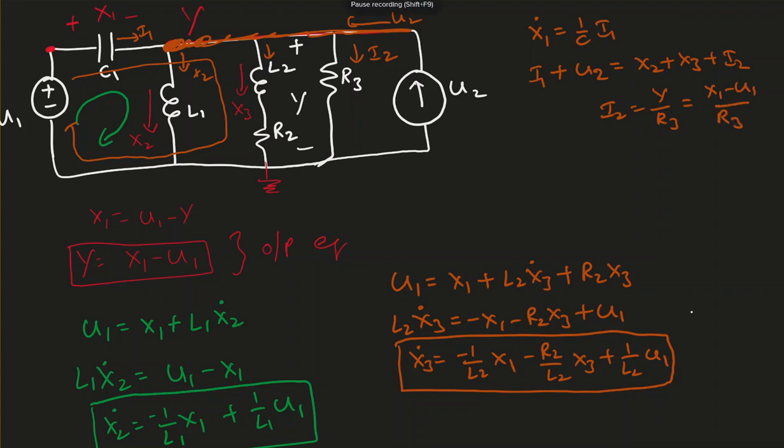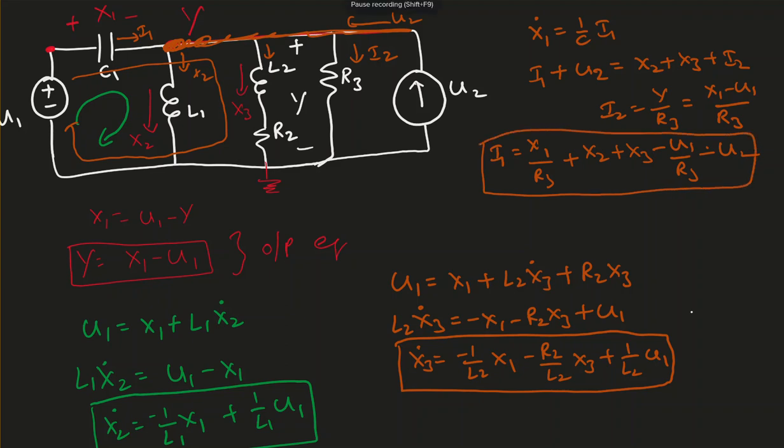So I1 equals, taking U2 to the other side and replacing I2, X1 over R3 plus X2 plus X3 minus U1 over R3 minus U2. This is my I1.